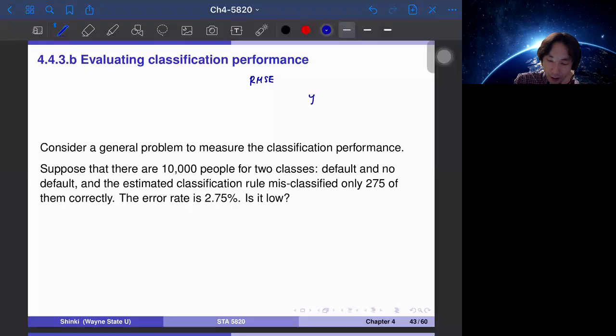If we estimate y and our estimate is y hat, then we take the difference between yi and our estimate, take the summation, often divide by the sample size, and take the square root. So this is one good measure for regression.